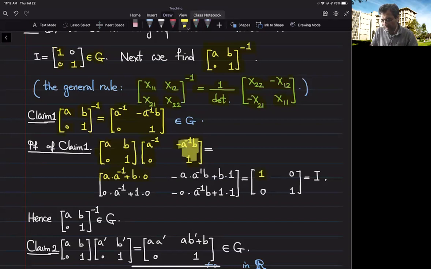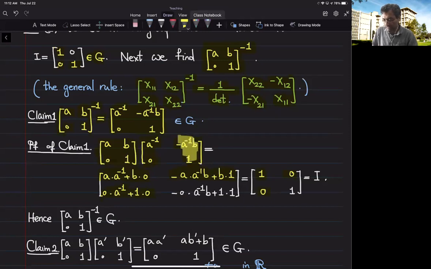This times this, A times this is negative B, plus B times this, that one is B, they cancel each other, I get 0. 0, 1 times this, 0 times A inverse is 0, 1 times 0 is 0, I add them up and I get 0.